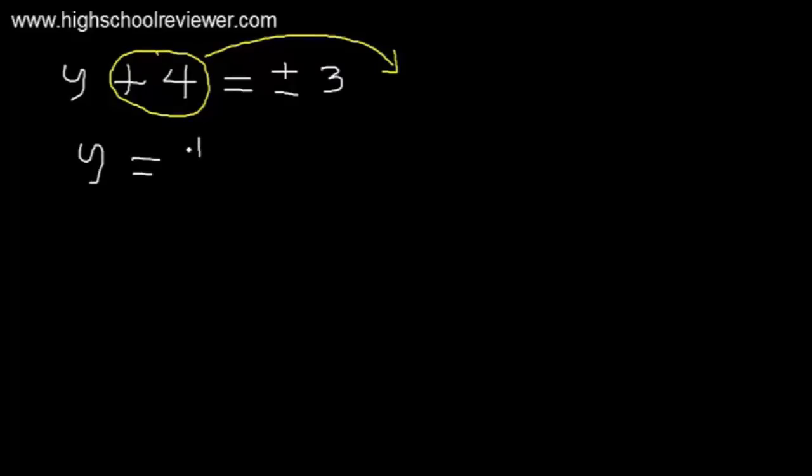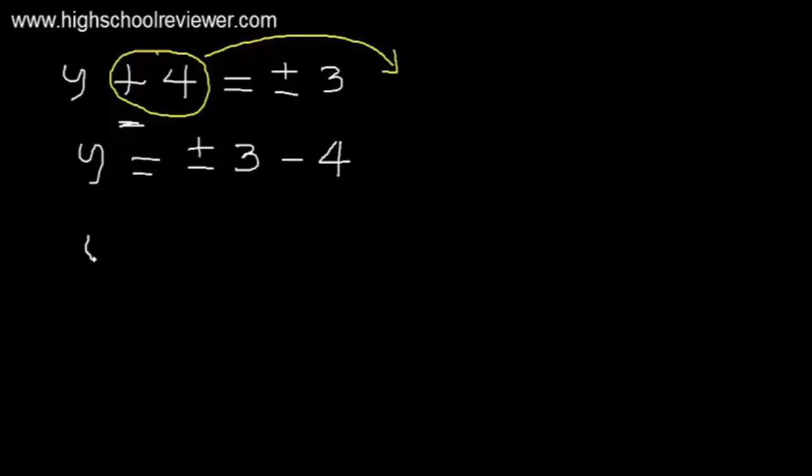To solve for y, we need again to transpose positive 4 to the other side. What will be left on the left side will only be positive y, and we have here plus or minus 3. If we transpose positive 4, this will change sign, so this will become negative 4.